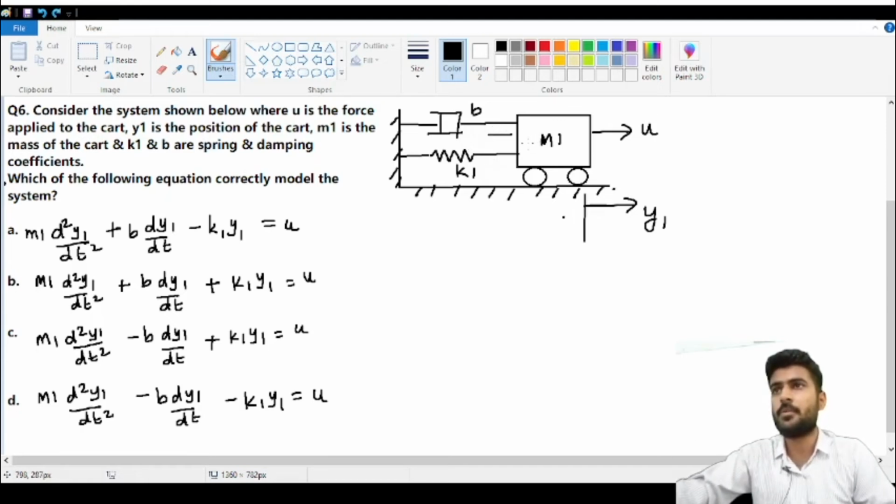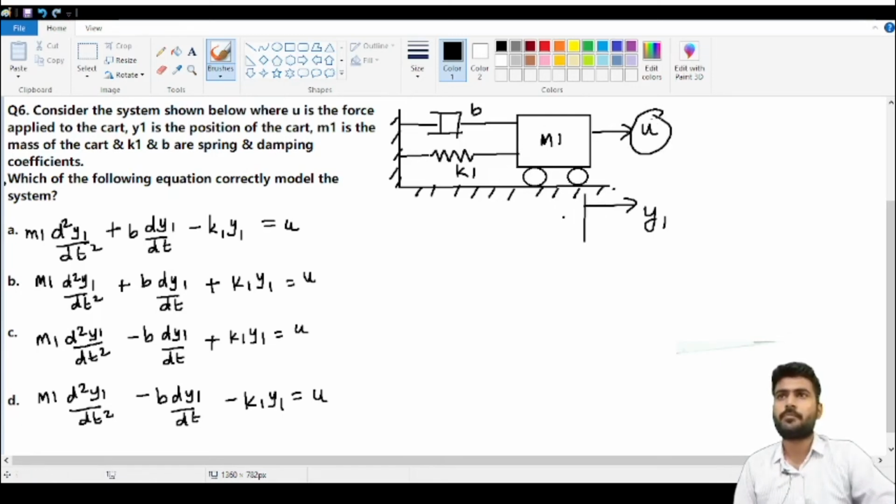The forces which act are, first of all, this external force U. The first force which acts is U. Second force we can say will be due to the damper, because the displacement of the cart is in the right direction. We can clearly see here, which is denoted by y1.